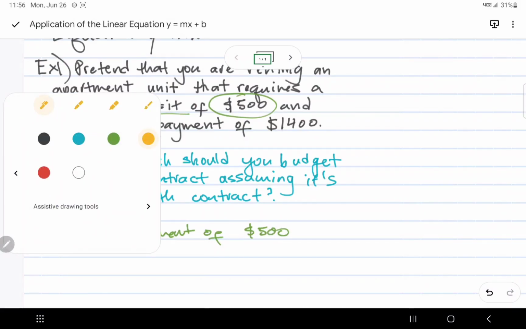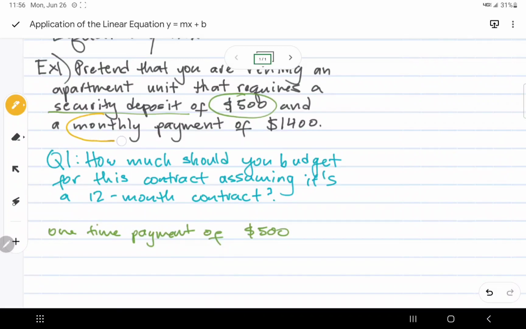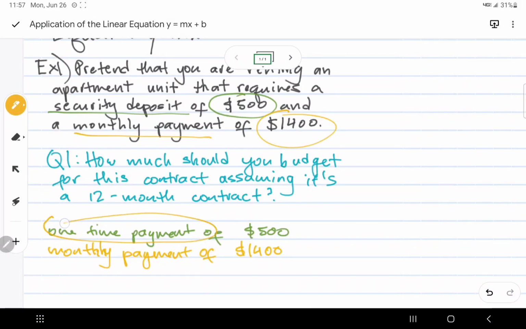And in addition to that, we have the monthly payment of $1,400. Okay? So remember, just make note that this is a one-time payment. It only happens once, whereas this one happens on a monthly basis.